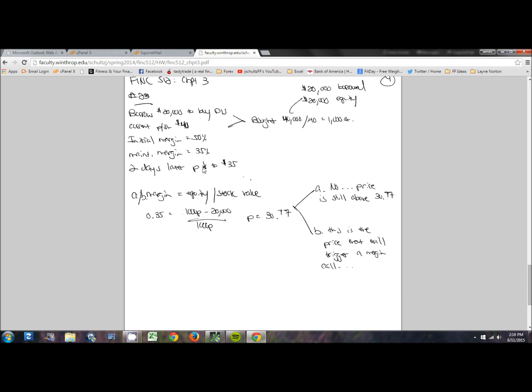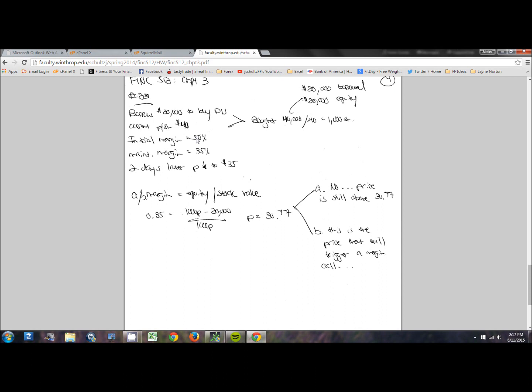Now it's $35 2 days later. So this thing we bought, right? We bought Disney, so we want the price to go higher. The price went lower. So this moved against us. So what that does is it starts to eat away at your margin. So your margin level will start to fall from 50% to 49 or 48 or 47.